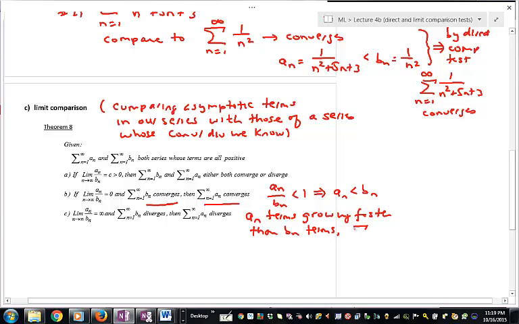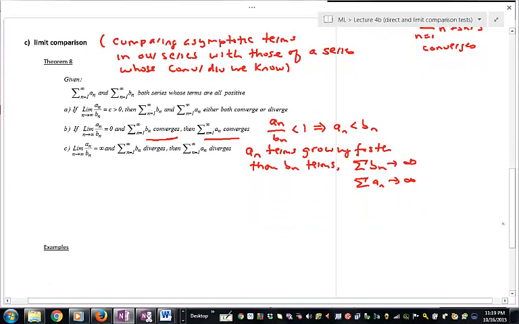And so if the B series goes to infinity, then it has to be the case that the A series goes to infinity. Okay. And part B of the theorem is kind of saying the same thing. It's saying that the A terms grow slower than the B terms. And so if B converges, then A has to converge. Let me show you some examples of when we'd have to use the limit comparison test.